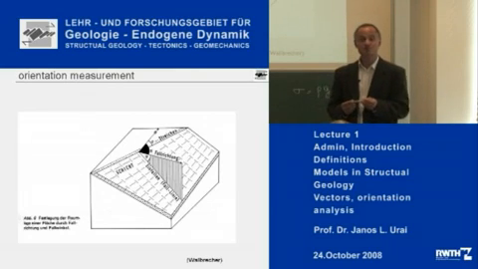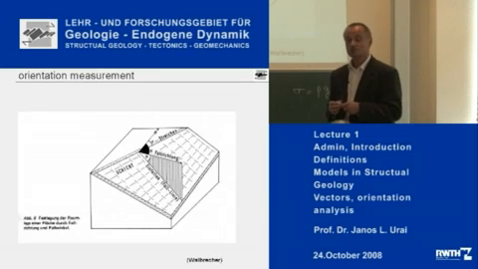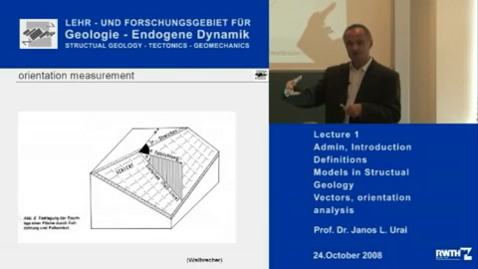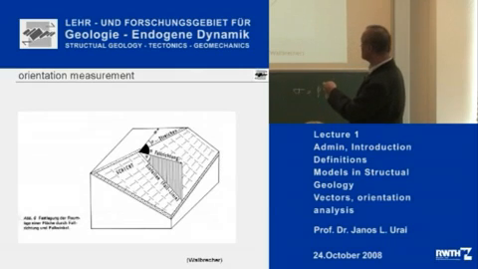Orientations in structural geology are everywhere, and you have to be able to measure orientations. I hope that most of you have already had a geological compass in your hands and have been able to measure a plane. So for example, here is your plane. This is the dip line, this is the dip direction, and this is the dip angle.